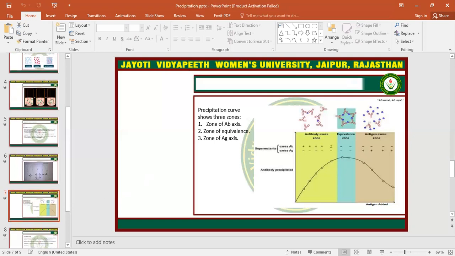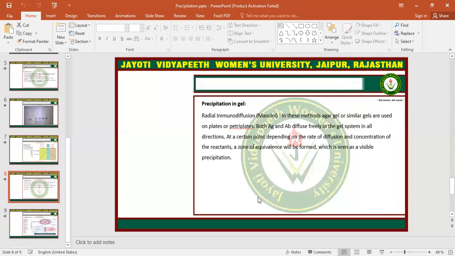Now, precipitation in gel is a procedure in which we conduct the process in agar gel. Both antigen and antibody are added in the agar gel. Antigen and antibody diffuse freely in the system in all directions.